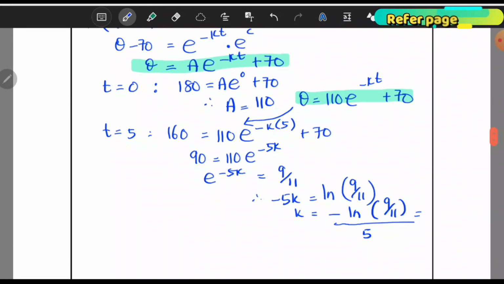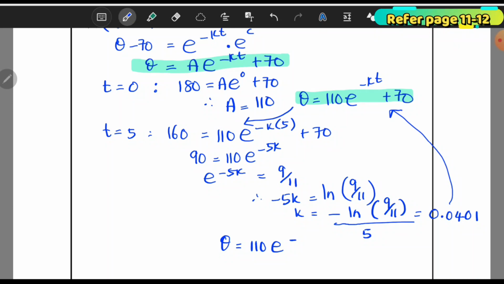If you calculate, you will get the answer is negative 0.0401. And then the equation becomes theta is 110 exponent, we substitute k into the equation.